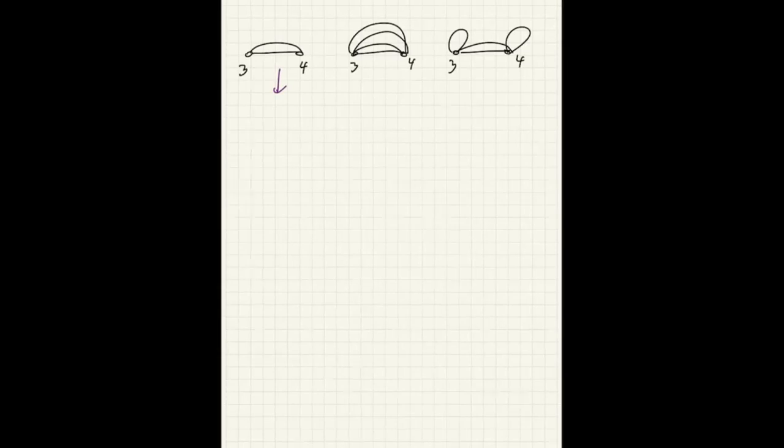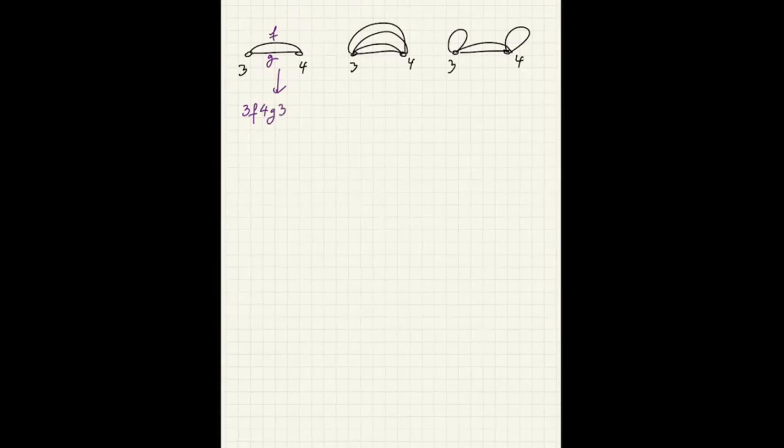Well, you have 2 edges there, and you can give them names. You can call the edge on the top F, and the one below it G. So you can do 3F4, G3.